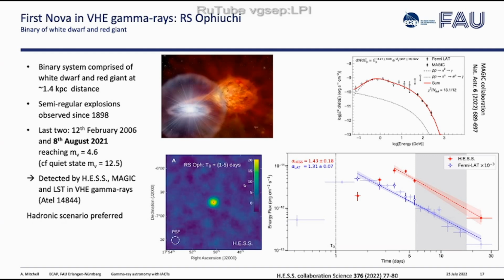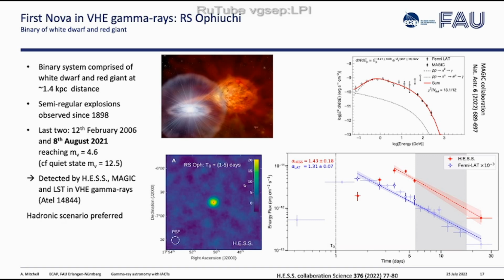Semi-regular explosions have been observed from this system since 1898, and the most recent two were in 2006 and on the 8th of August last year, so almost a year ago now, reaching a visual magnitude of 4.6, whereas in the quiet state it's just at 12.5. During this outburst, very high energy gamma ray emission was detected by all of the operating Cherenkov telescopes.